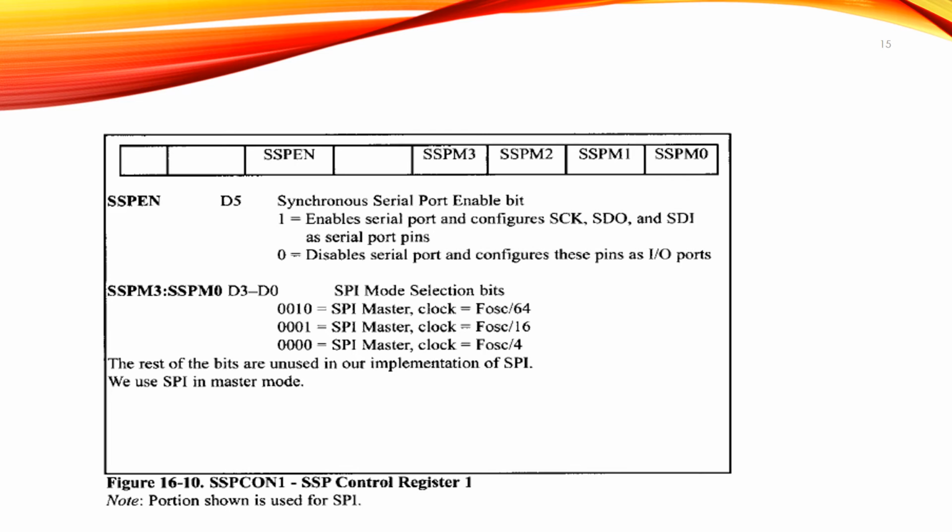SSPEN is the synchronous serial port enable bit, which configures SCK, SDO and SDI as serial port pins, and SSPM3 to SSPM0 are the D3 to D0 bits. Master clock combinations are there. The rest of the bits are unused in our implementation of SPI for this particular DS1306.